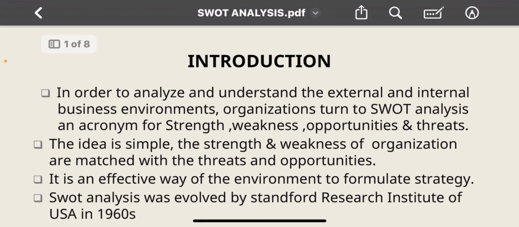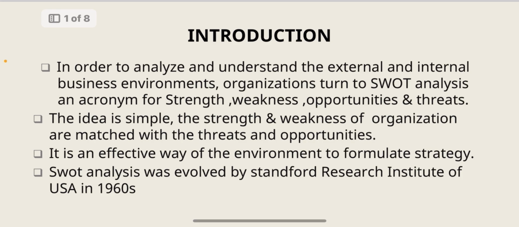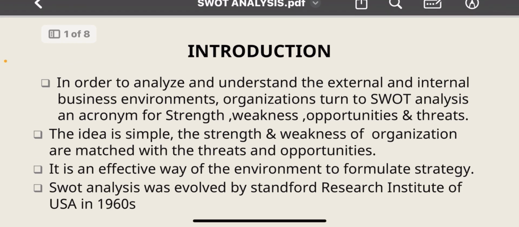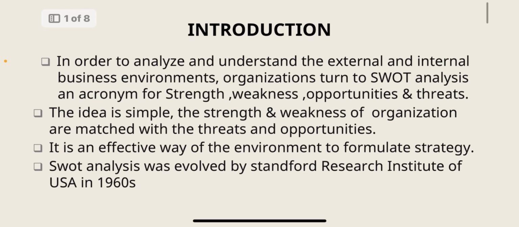Okay. Now, in order to analyze and understand the external and internal business environment: the external business environment is actually divided into two parts, macro and micro environment. You all must be knowing. Macro environment is nothing but all these political, economical, legal factors that affect businesses externally.